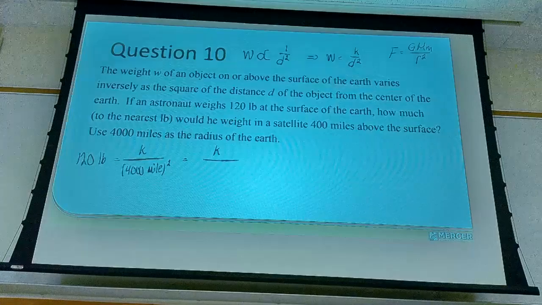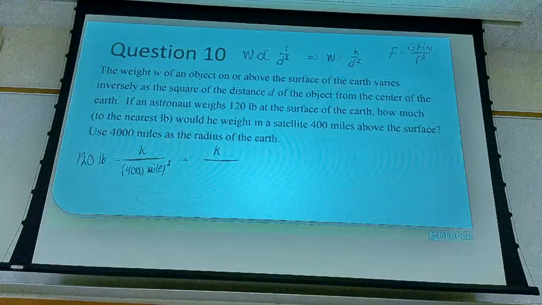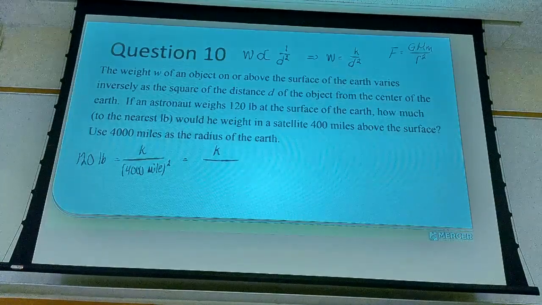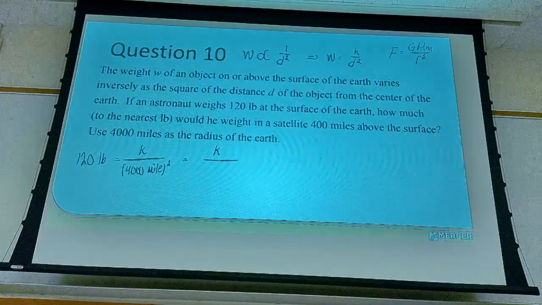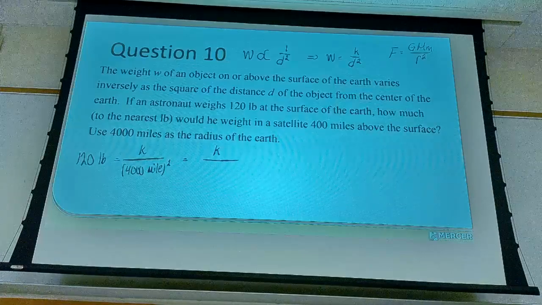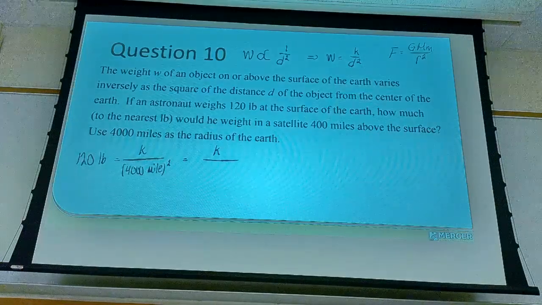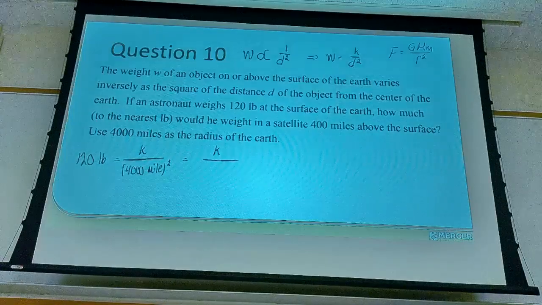What is 4,000 squared? 16 million, yes, 16 followed by 6 zeros.